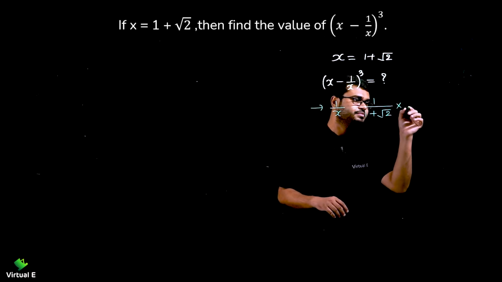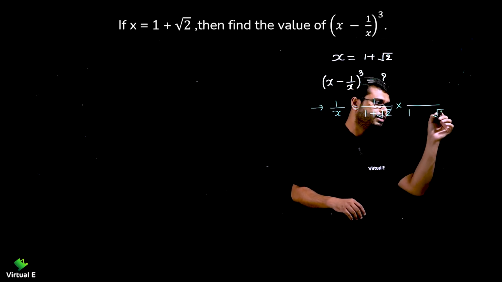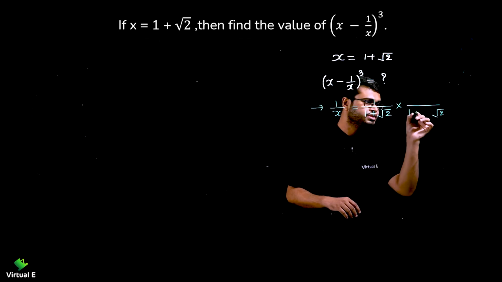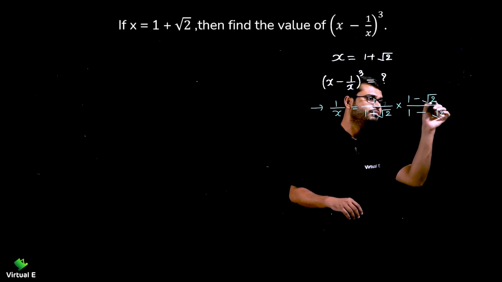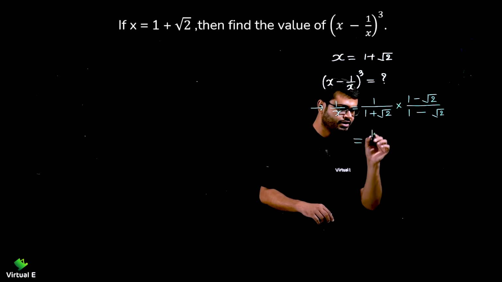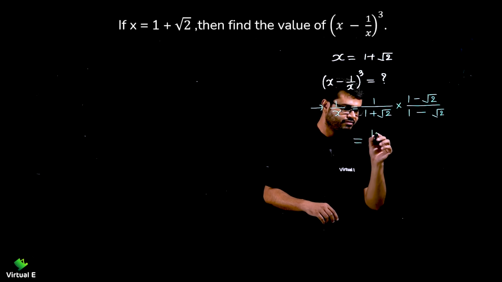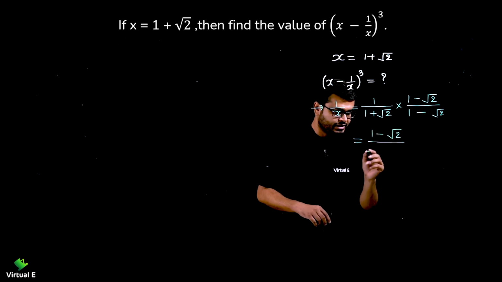Now let's find the conjugate. 1 and root 2 as it is, plus becomes minus over here. Same into the numerator, 1 minus root 2. Done. So let's find the product. 1 into any number is the same, 1 minus root 2. And here in the denominator, a plus b, a minus b identity.